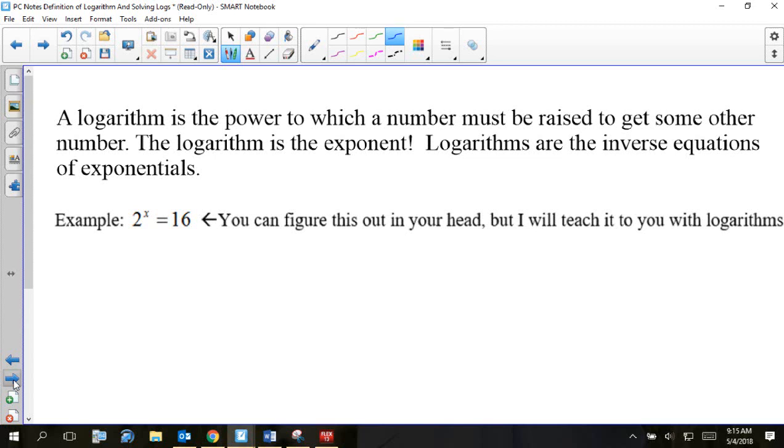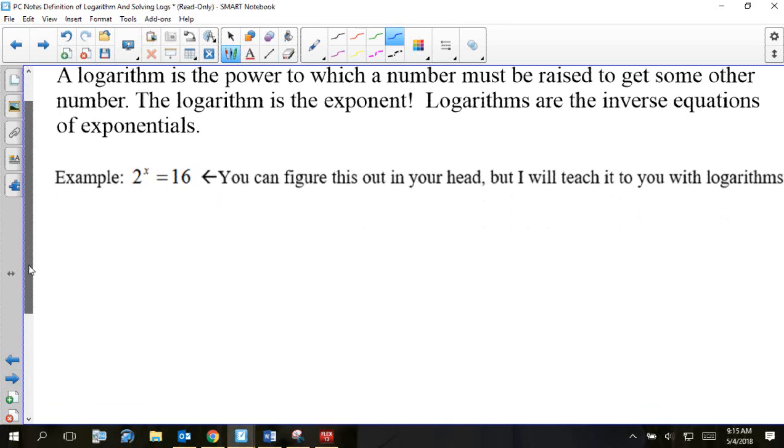I'm going to do this not the way you would have done it. The first thing we're going to do is rewrite 16 as a power of 2. You should already know the answer. You've already yelled it out to me. What is it? 2 to the 4. Now I'm going to show you how logarithms work.